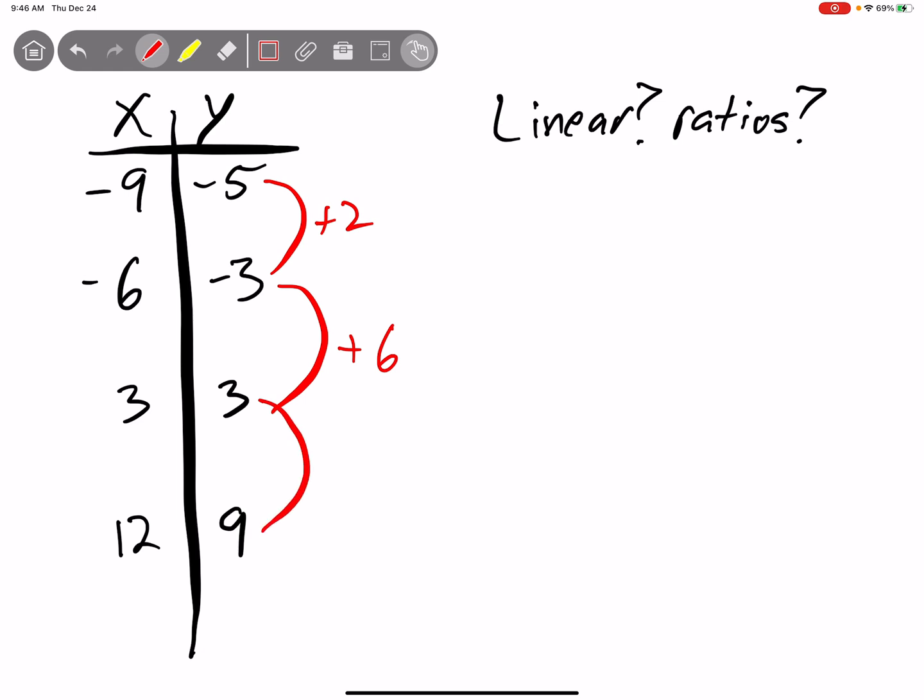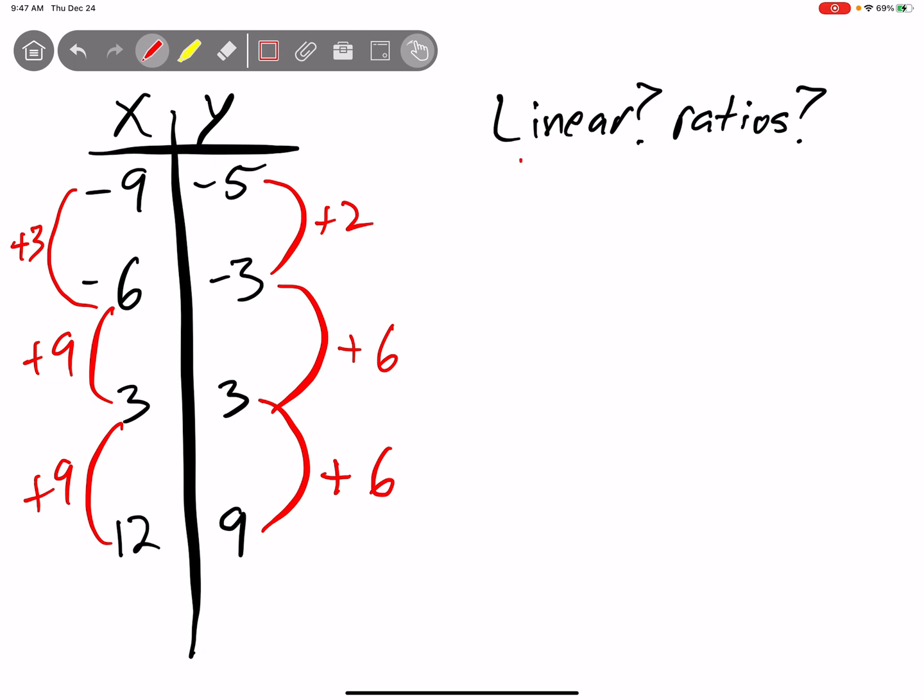And 3 to 9, I have to add 6. -9 to -6, you add 3. -6 to 3, you add 9. 3 to 12, you add 9.